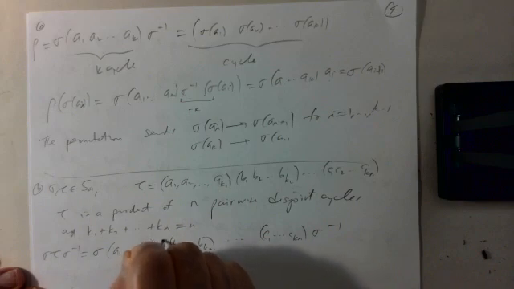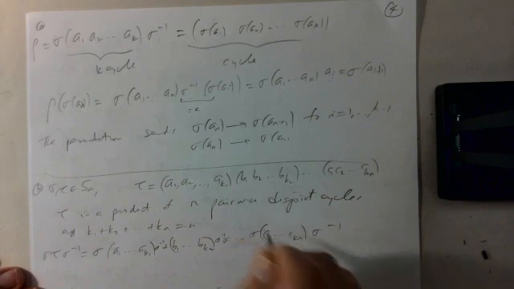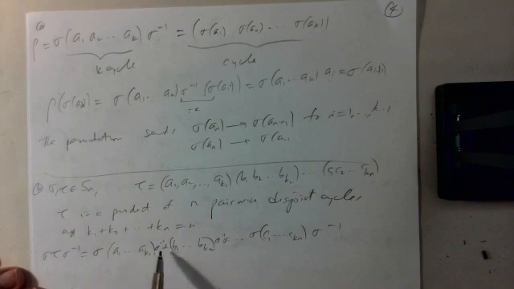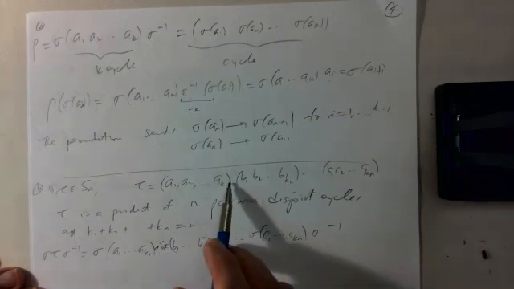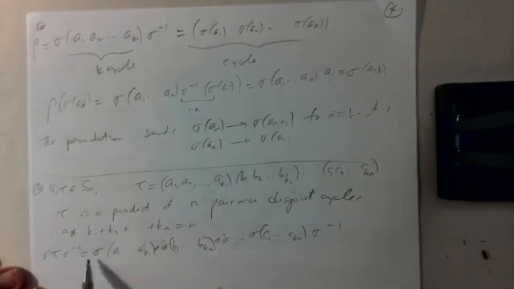So I'm going to put in a sigma inverse sigma between every one of the R cycles here. But what is this?